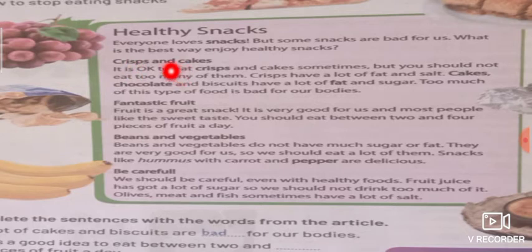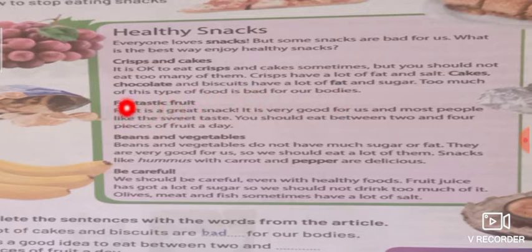Crisps and cakes. It's okay to eat crisps and cakes sometimes, but you shouldn't eat too many of them. Crisps have a lot of fat and salt. Cakes, chocolates, and biscuits have a lot of fat and sugar. Too much of this type of food is bad for our bodies, so it's unhealthy food.